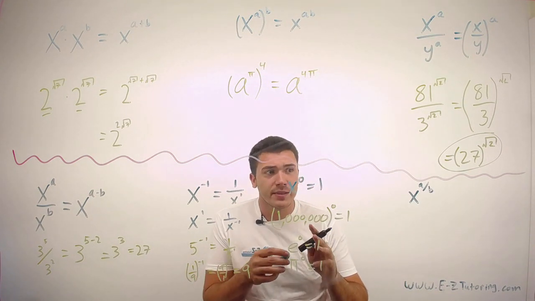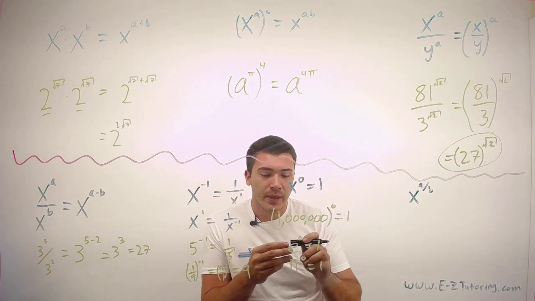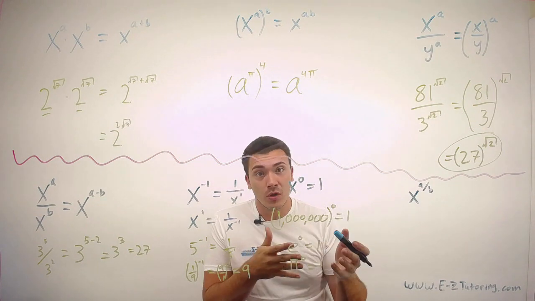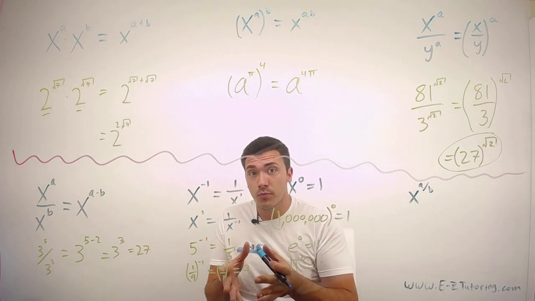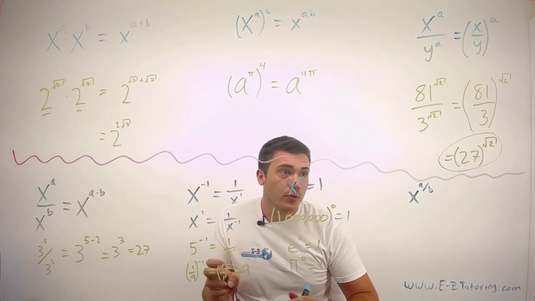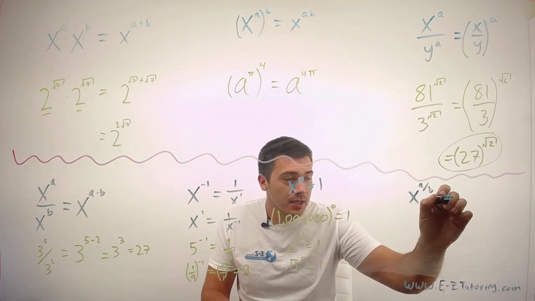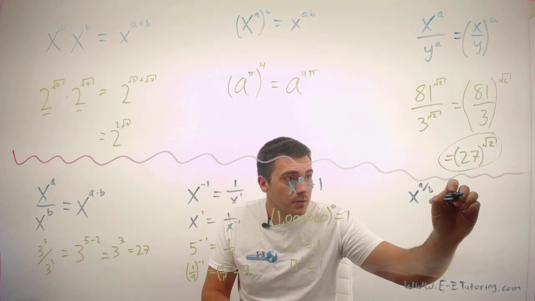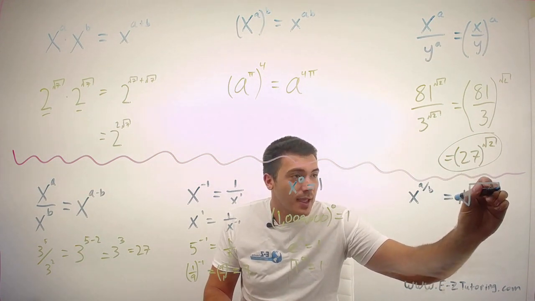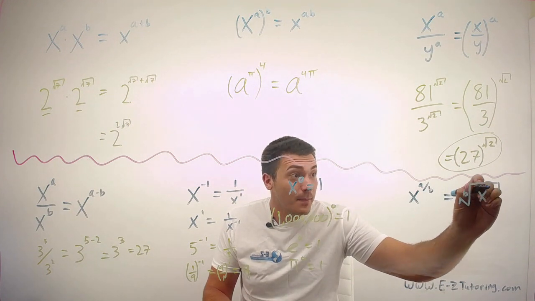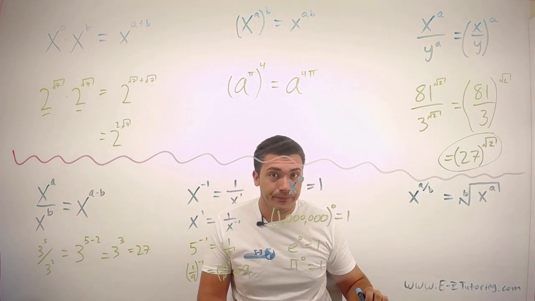I'm sure you guys have seen the little number inside the root sign, where it's a square root, a cube root, a fourth root, a fifth root. Anyways, that's what this b is. So this is the bth root, I guess you would say, of x to the power of a.